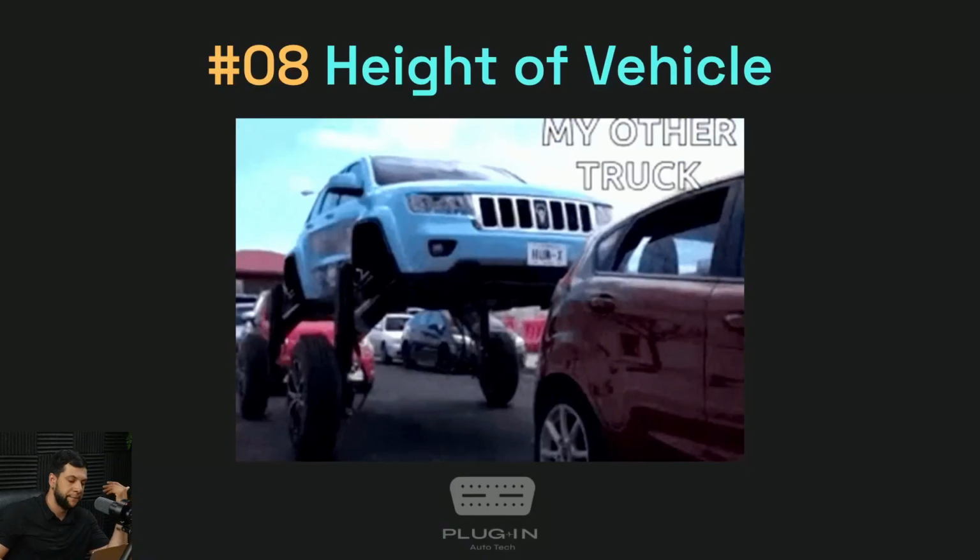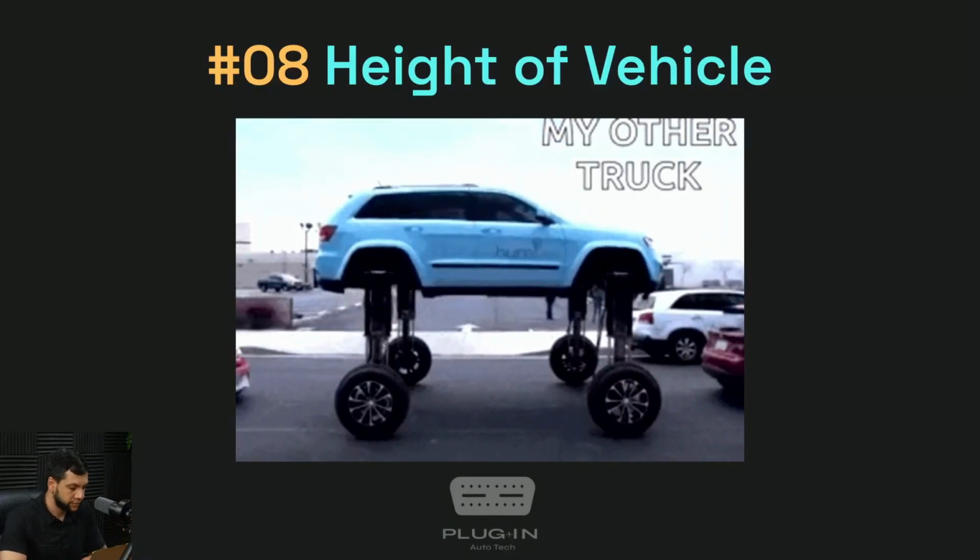If everything is good and you already checked it, let's go to the next step, which is the height of the vehicle. In our case, we work with a business where most of the cars are original, with original height and original suspensions, and we don't have much trouble with this.